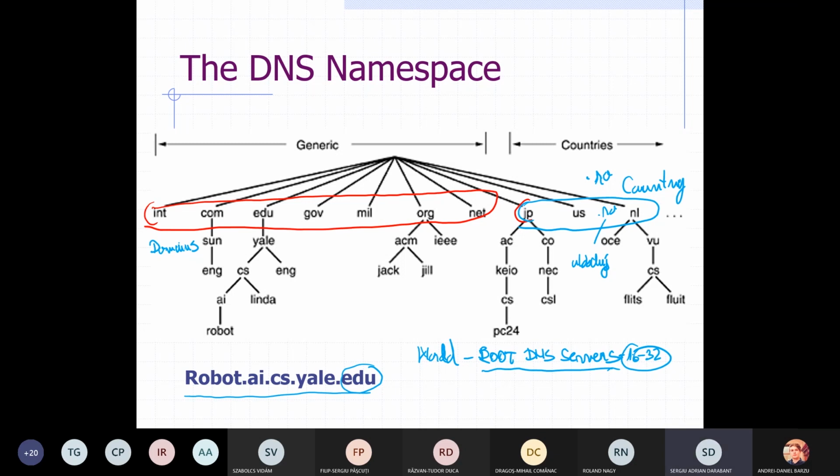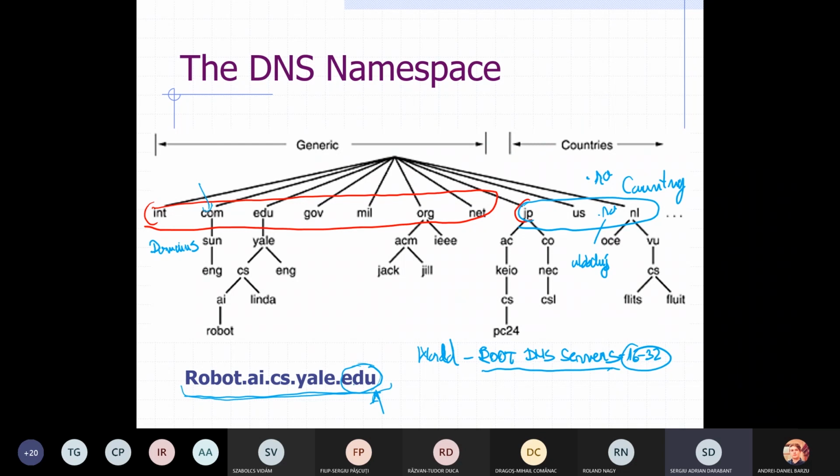And they know which DNS servers hold information about, for example, com. You ask one root name server about the domain com if you want to query something in the .com domain. If you want edu, again, you will ask a root name server. That root name server will tell you, okay, I'm not able to tell you all about your machine, but I can tell you one DNS server that's handling .edu.